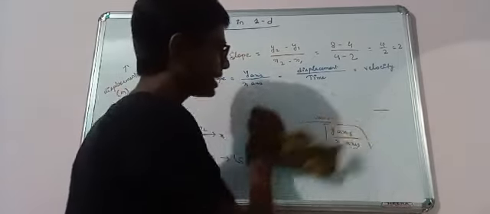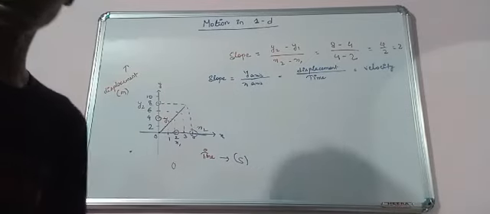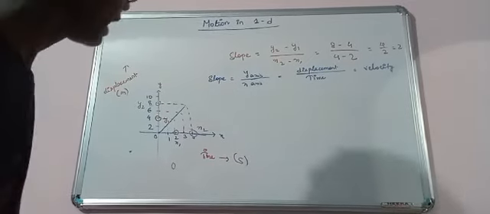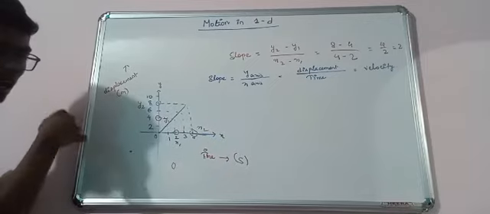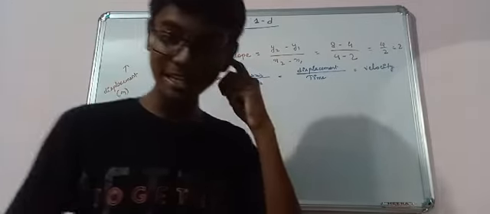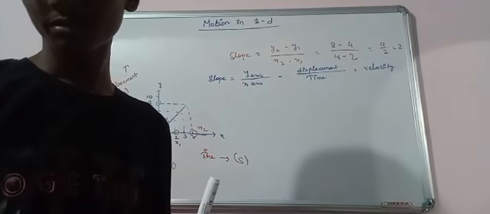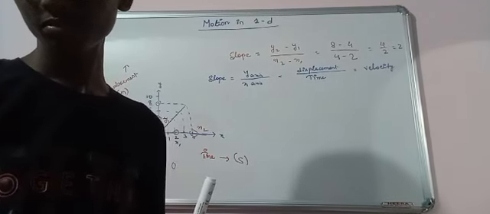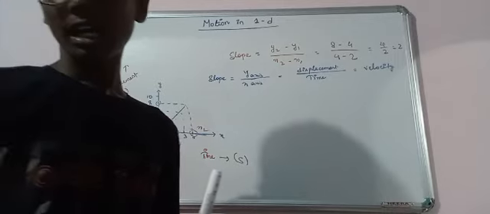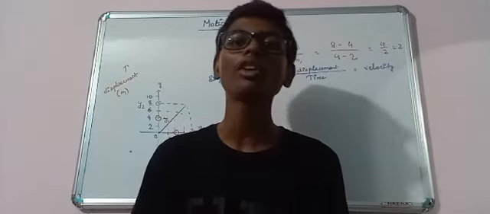Next, coming to area. Area is finding the area of displacement and time. You will not find or get anything. For your displacement time graph, if you find the area, you will not find anything.